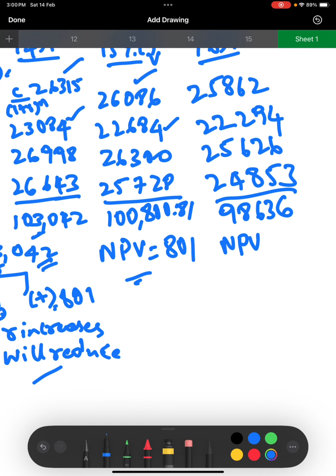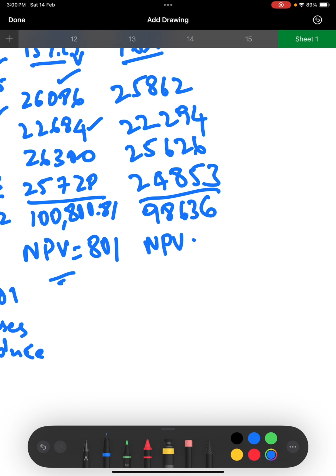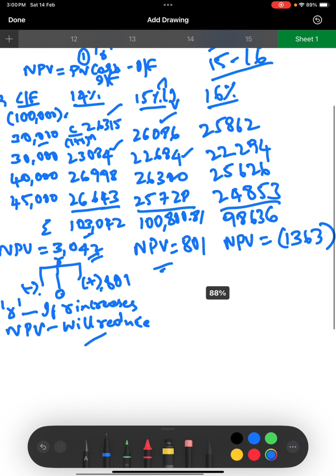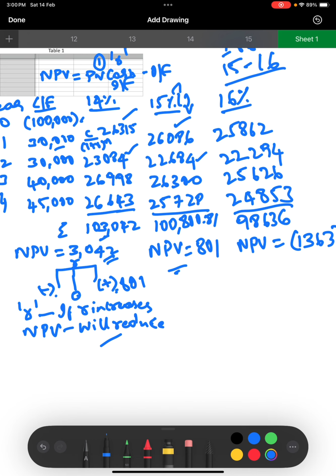All right, then calculate the NPV. NPV is present value of cash inflow minus outflow, which gives you minus 1363. Okay, so I told you, right? Now we got both the values. I told you one should be positive and one should be negative.